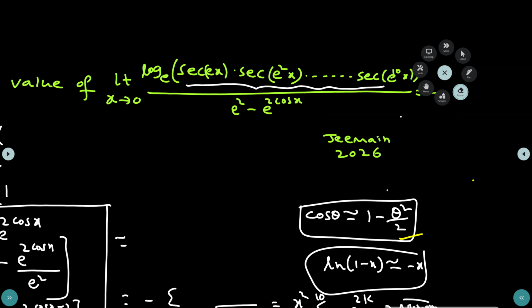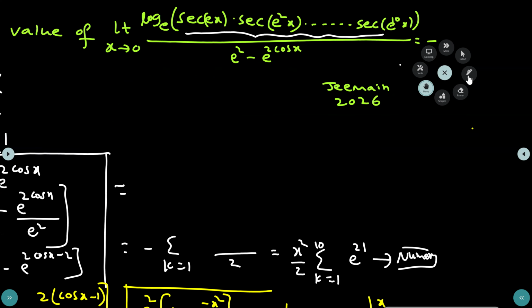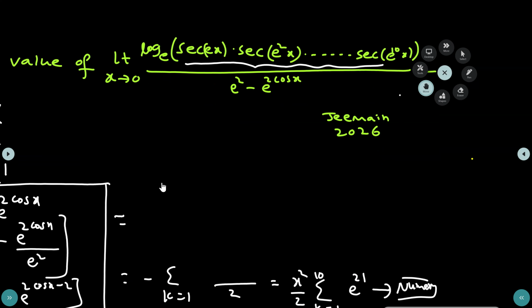Let's change the whole question into an easy format, just to focus on what is the numerator and what is the denominator. Question clear? Now I am rewriting the question.